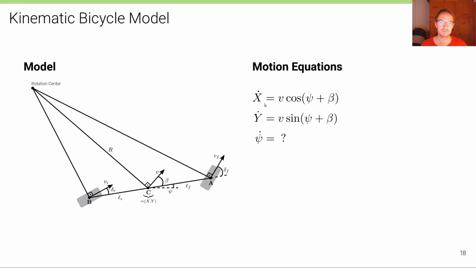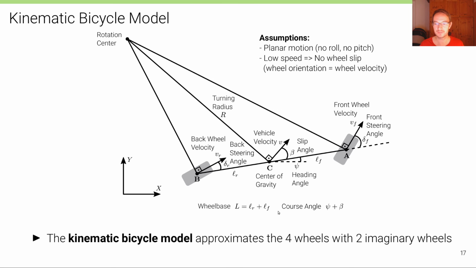Now, the first two equations here are simple. What is the time derivative? What is the velocity of the vehicle? Well, we know the velocity of the vehicle, which is v, and we also know, as illustrated here, the course angle, psi plus beta.